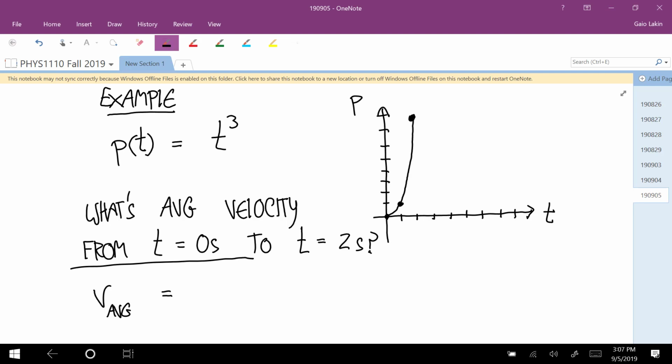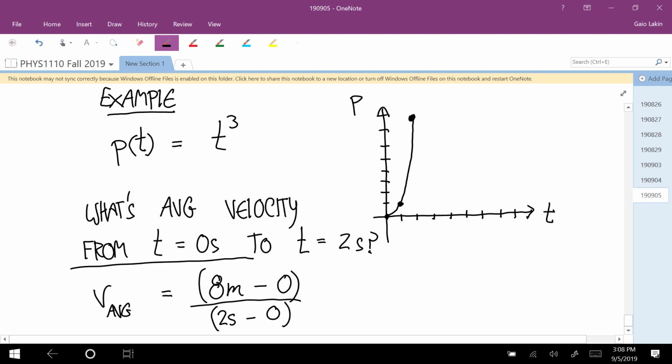Yep, so we have 8 meters minus what's the position at the earlier instant? 0. And then we're dividing that by 2 seconds minus 0. And so we get a value of 4 meters per second.